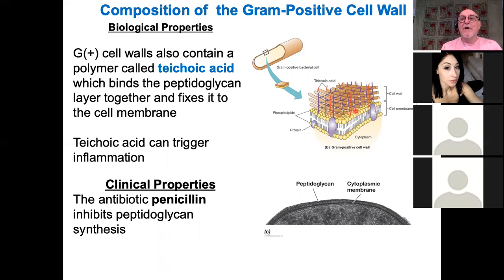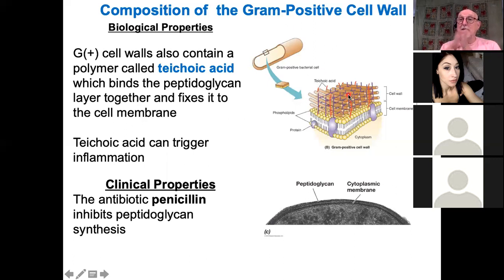This is the typical gram-positive cell: a thick layer of peptidoglycan, bound together with teichoic acid. Here is the cell membrane, plasma membrane, whatever you want to call it.